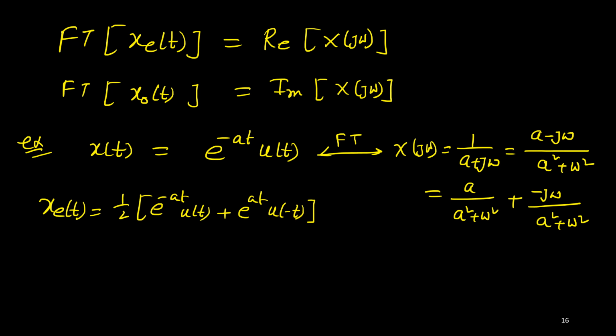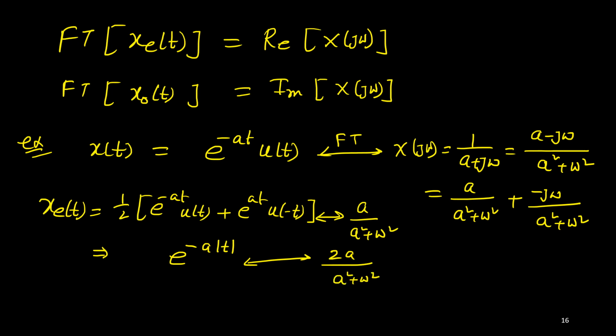So obviously this one should have a Fourier transform equal to the real part, meaning a upon a square plus ω square. This implies e to the power minus a mod t is the signal. So this half is multiplied here, so I can multiply both sides by 2, and then we get 2a upon a square plus ω square, and that we got earlier. The Fourier transform of e to the minus a mod t is 2a upon a square plus ω square.